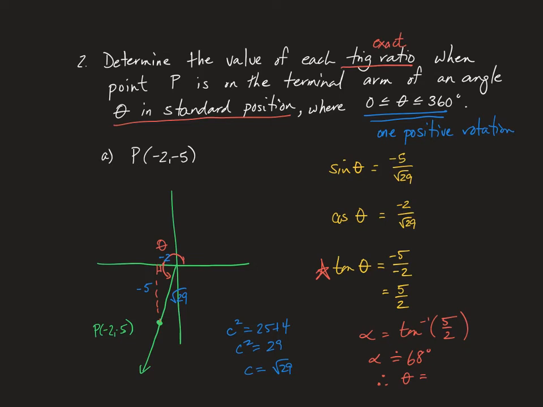And now you just found that you have to go an additional 68 degrees to get to your terminal arm. So if I took my 180 and I added to that the 68, then I could come up with my 248 degree principal angle. So hopefully not too bad to walk through that one. We had a lot of information in that one problem.